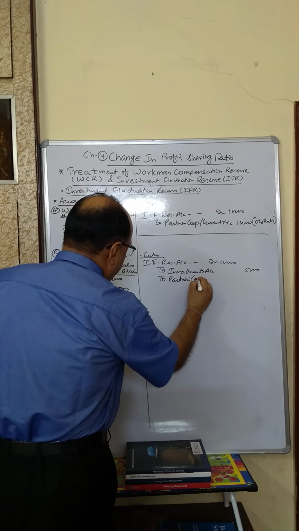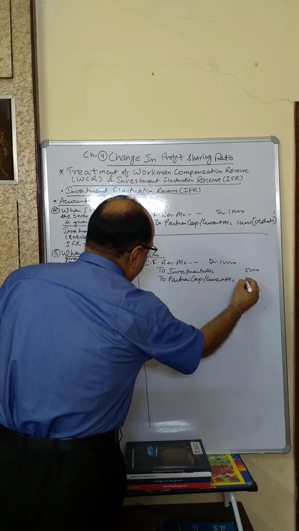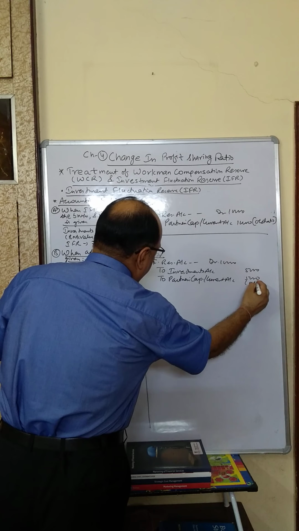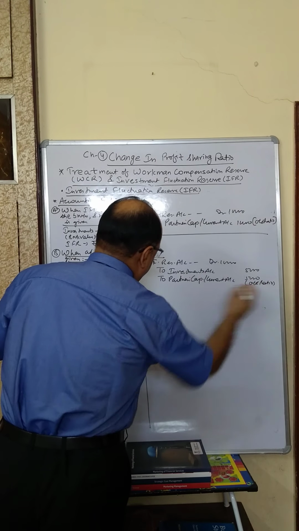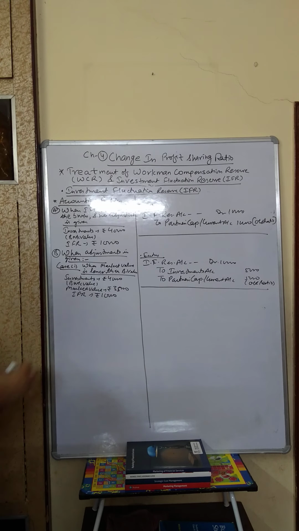So partners capital or current account 5,000, distributed in the old ratio. This is the treatment.